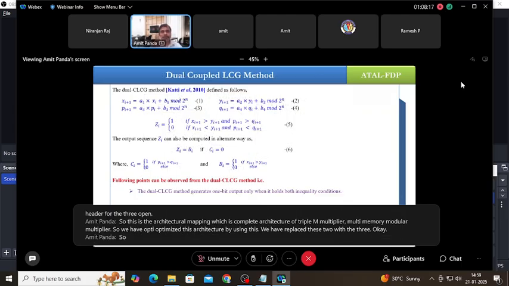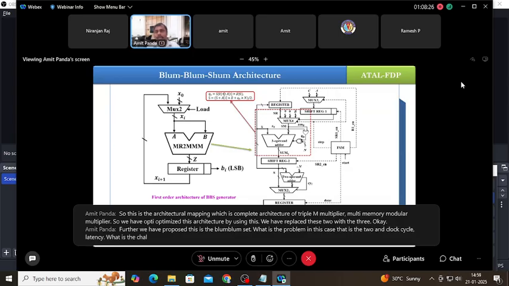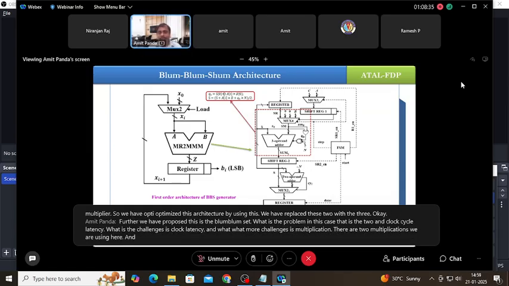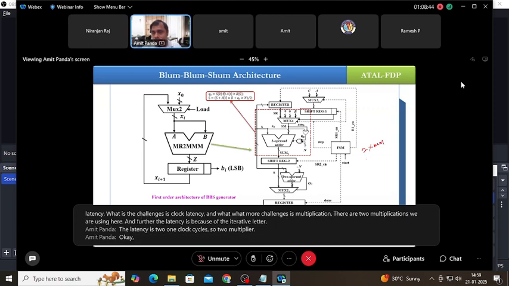Further, we have proposed this. What is the problem in this case? That is the 2n clock cycle latency. The challenge is clock latency, and another challenge is multiplication. There are two multiplications we are using here, and because of the iterative nature, the latency is 2n clock cycles.